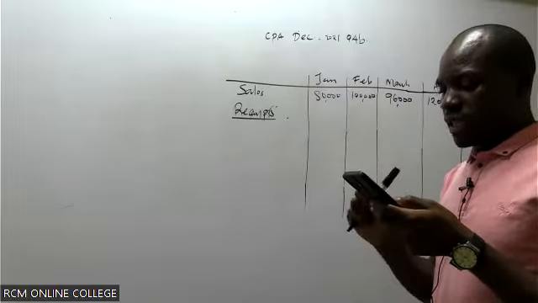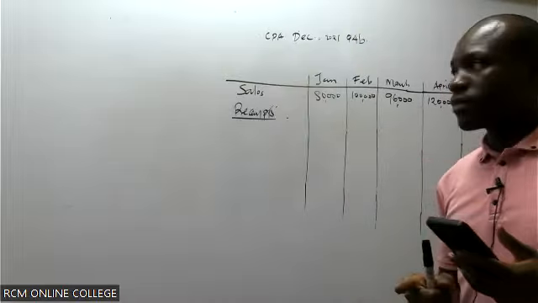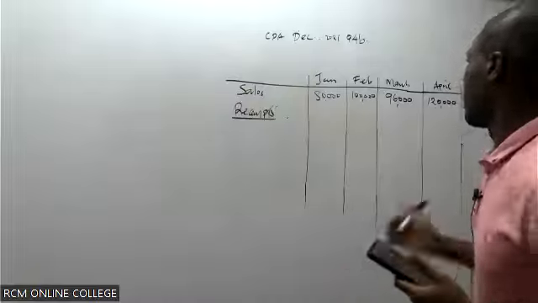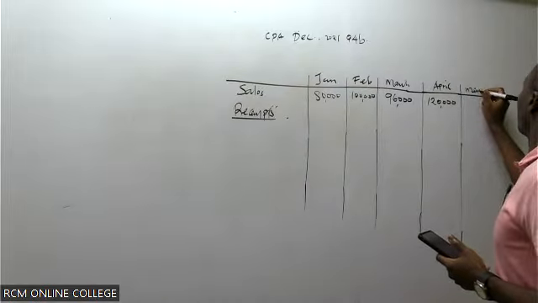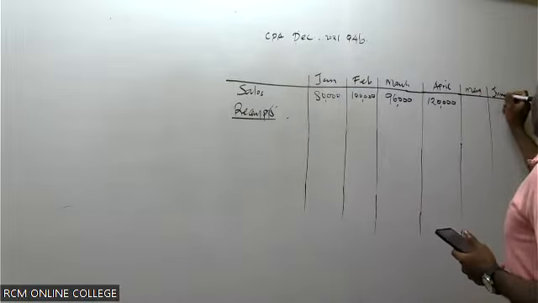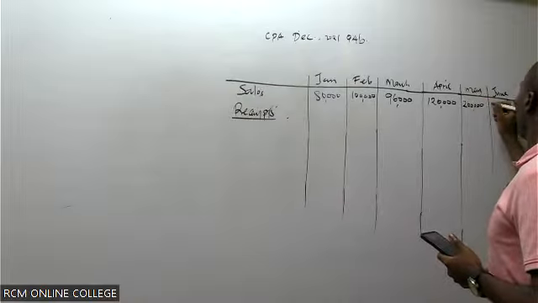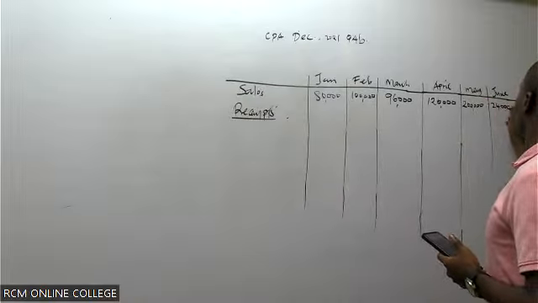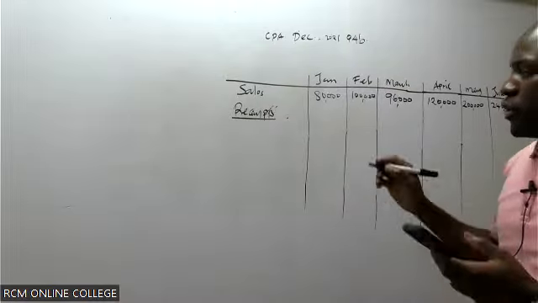Well, the remaining debtors pay within 2 months without a discount. Tumeelewana? So let's answer that question.